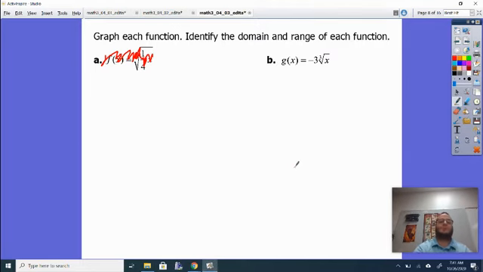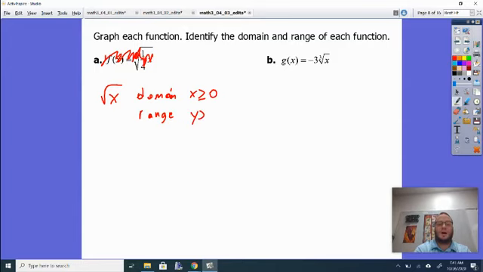Okay, so for the standard parent function of square root of x, my domain is all x's greater than or equal to 0. My range is all y's greater than or equal to 0. And then for the cube roots, domain is all real numbers, and range is all real numbers.